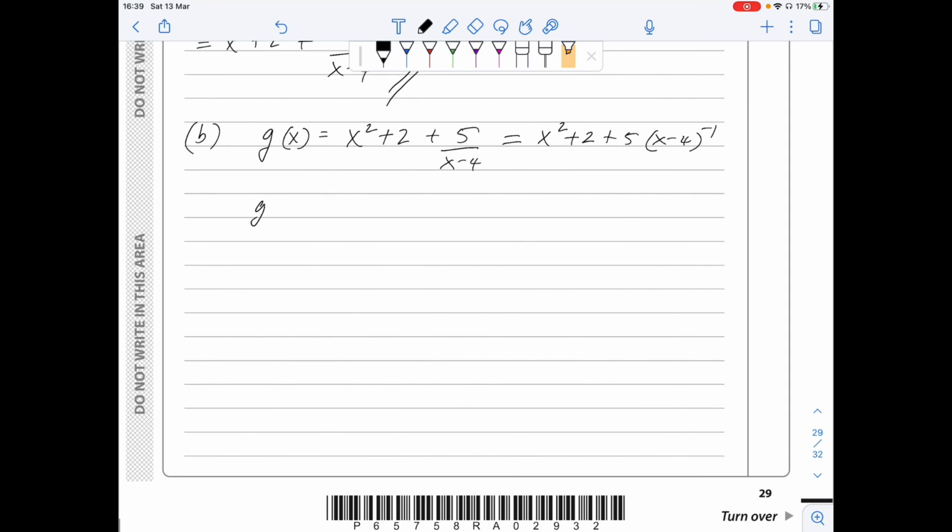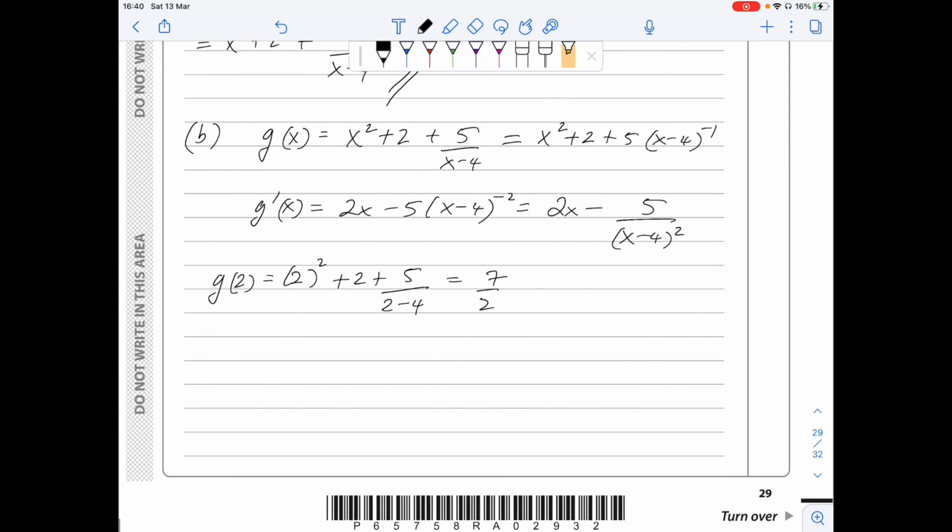So the derivative of this is 2x - 5(x - 4)^(-2). If I want, I can write this as 2x - 5/(x - 4)². Now g(2) is equal to 2² + 2 + 5/(2 - 4), which comes out to be 7/2.